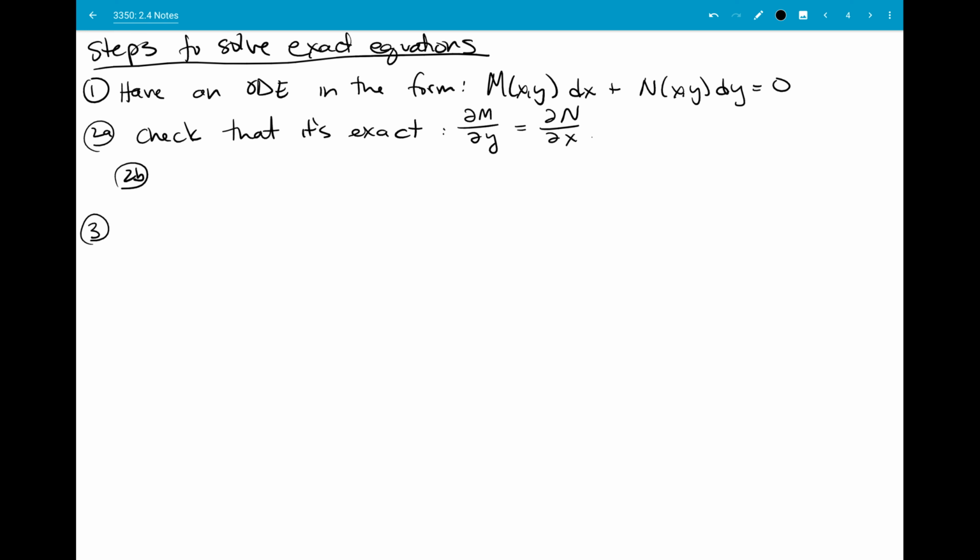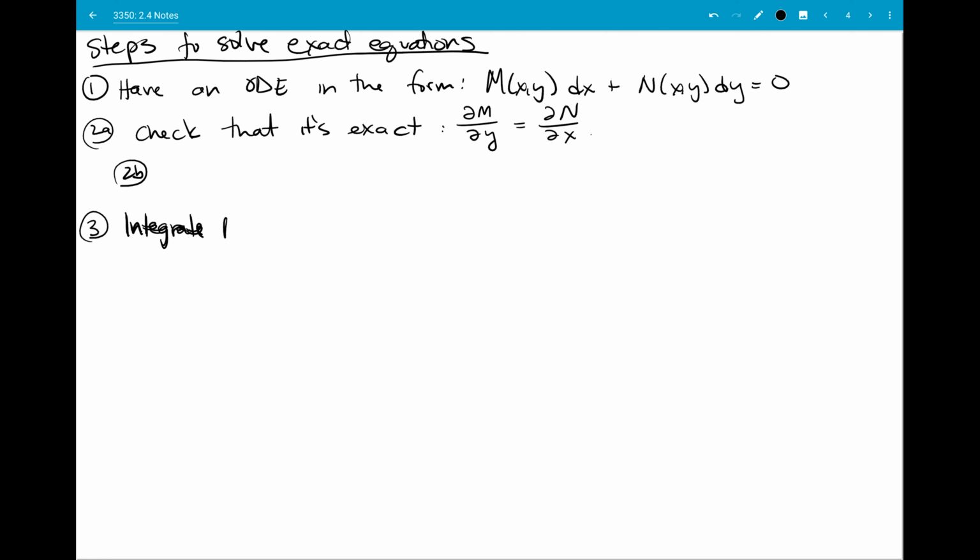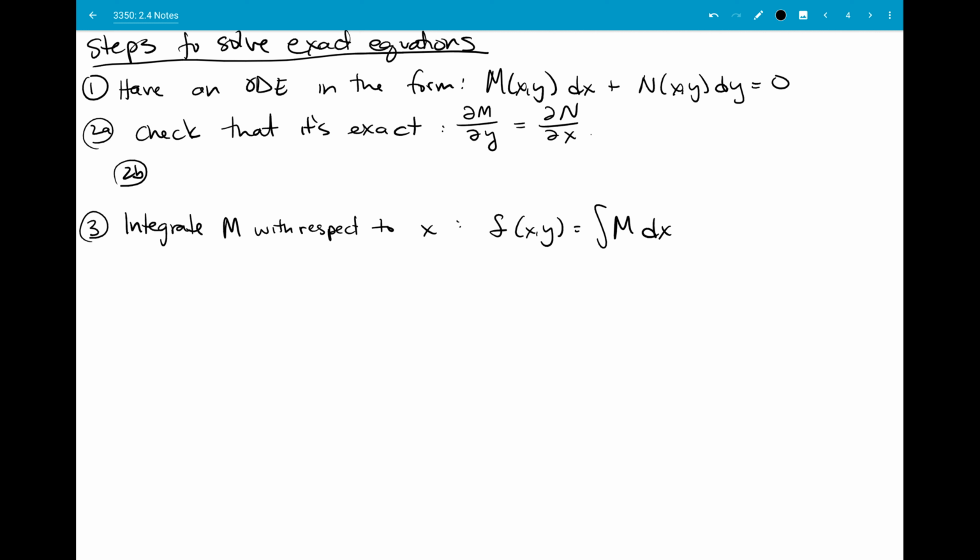And then once you've checked that you have an exact equation, you can continue with the steps for actually using this method. You integrate m with respect to x. And so you're going to say that function f, that we're not really sure what it is or what it means, is the integral of m with respect to x.